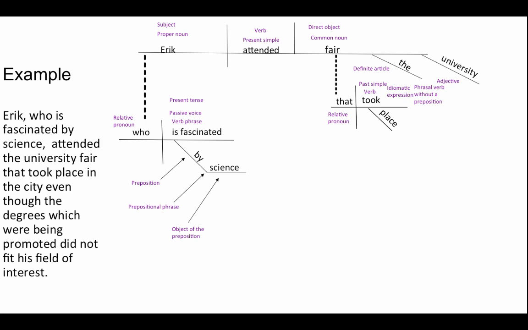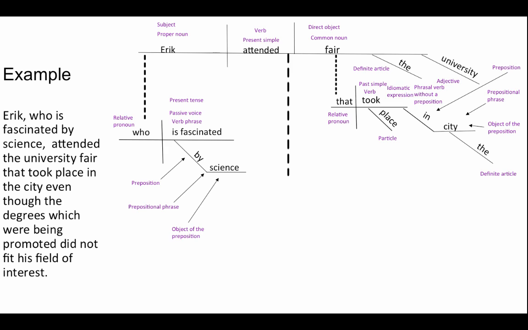Most phrasal verbs have a preposition, like throw up, but this is one of those special ones that doesn't. So here in took place, place is a particle. And in the city is a prepositional phrase. In is a preposition, city is the object of the preposition, and the is a definite article. All this is a restrictive relative clause.